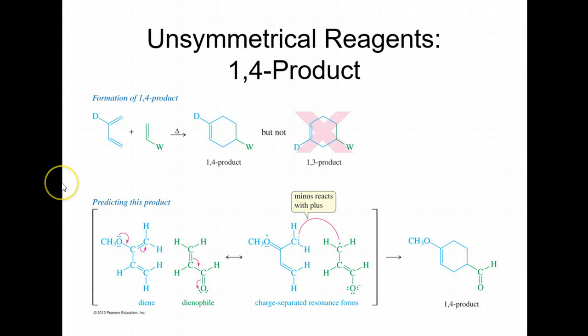All right, what happens if you have unsymmetrical, or not unsymmetrical, but if there are two possible ways that your products can form? Notice I have a group at the 2 position here and a withdrawing group. So the question is, is it reacting like this, or does it react like, I'll draw it over here.